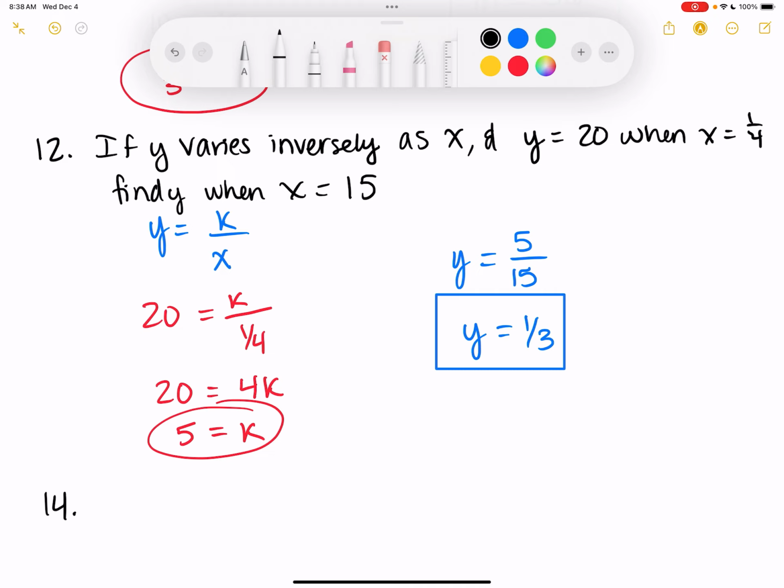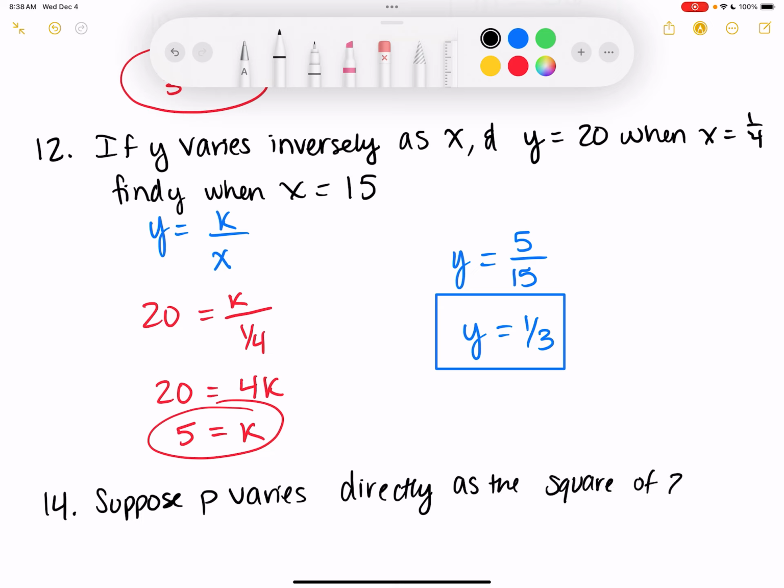14 says, suppose p varies directly as the square of z and inversely as r.